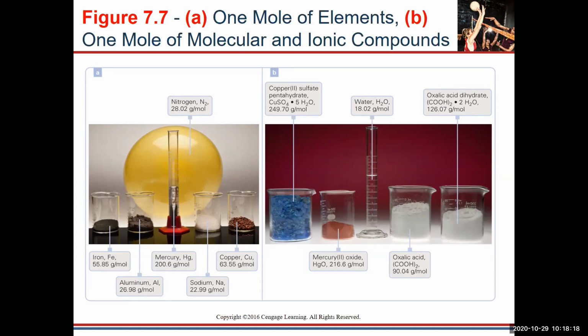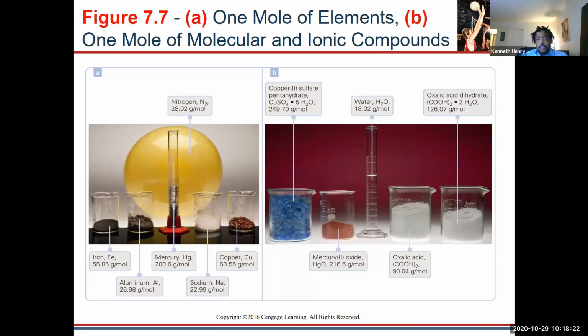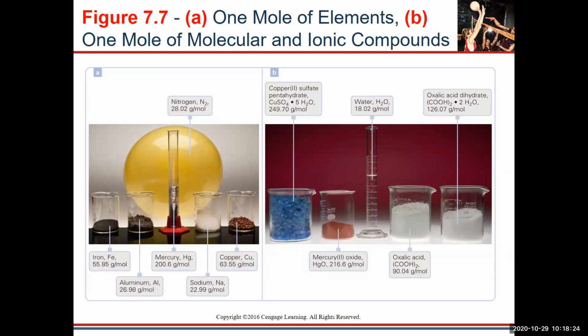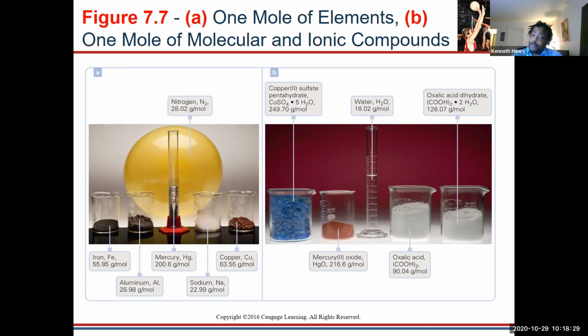Wouldn't it just be one? Does that look like one atom of iron? Can you see one atom of iron with your eyes? No. So obviously it's not one. So then what is it?